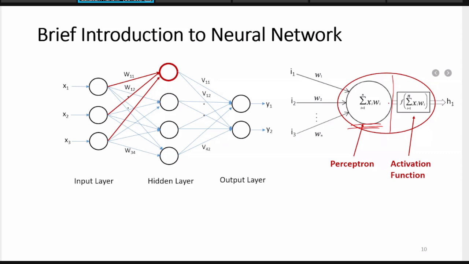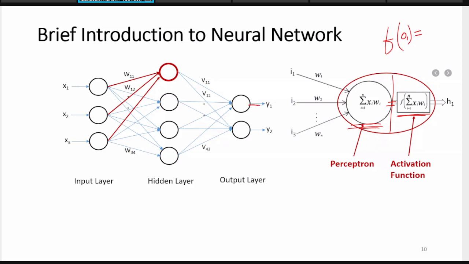The output from this perceptron is again passed to another function called the activation function. This is the second part. The activation function F takes the output of this perceptron, O1 in the previous case, and produces the output of this node.